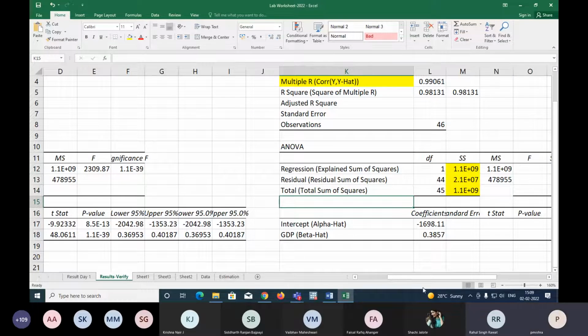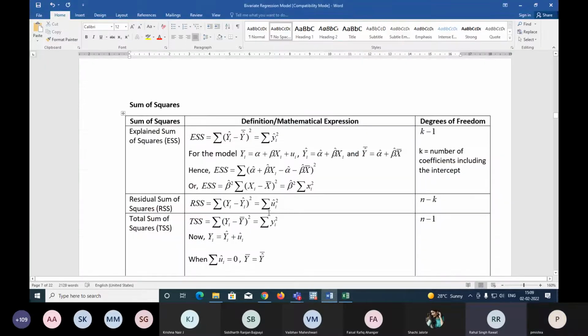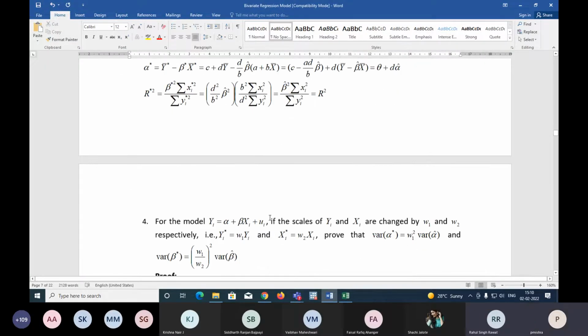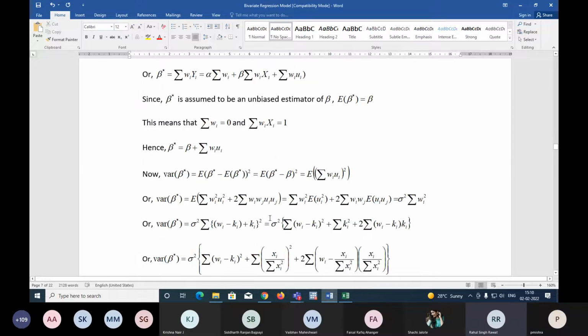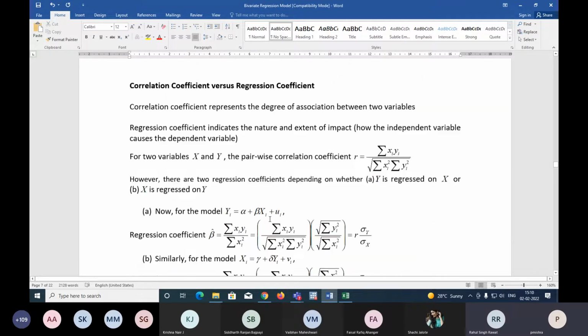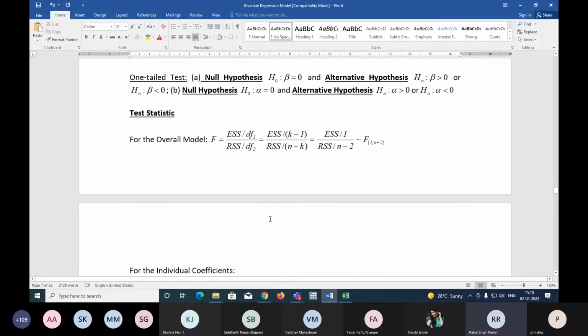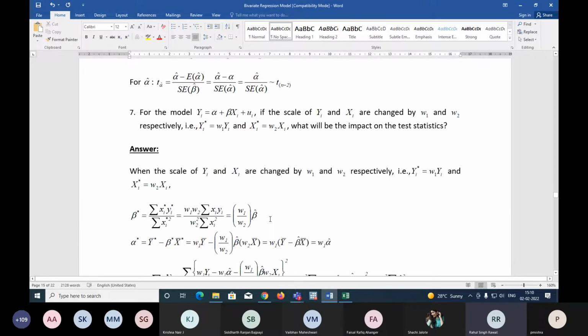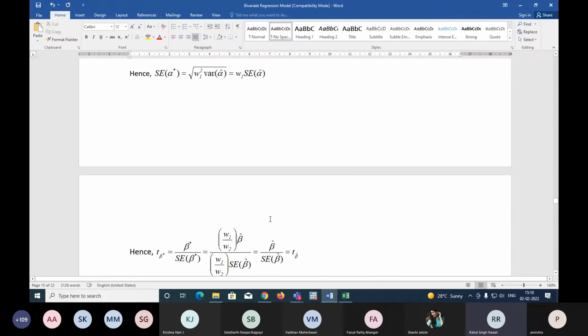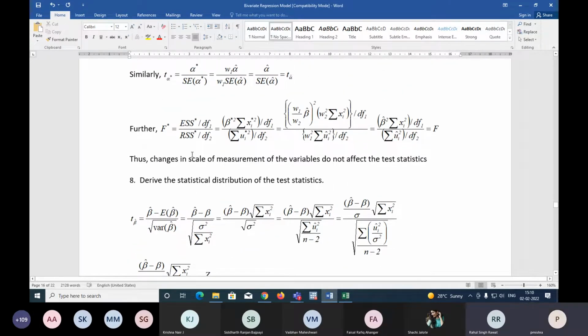Is it okay? Now, what about F? F statistic, if you see the formula here, what we have written for the F stat, it is explained sum of square divided by degrees of freedom divided by residual sum of square divided by degrees of freedom.